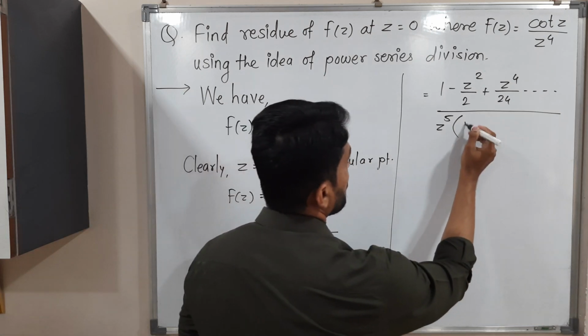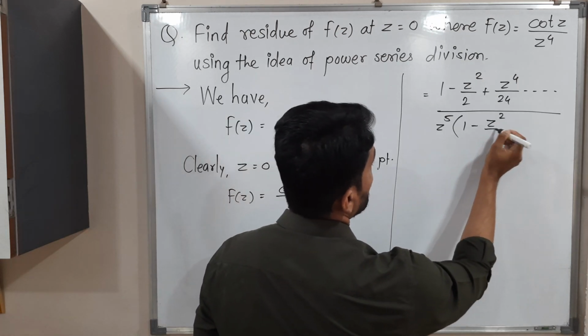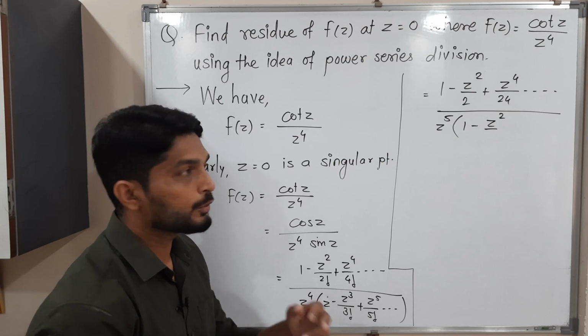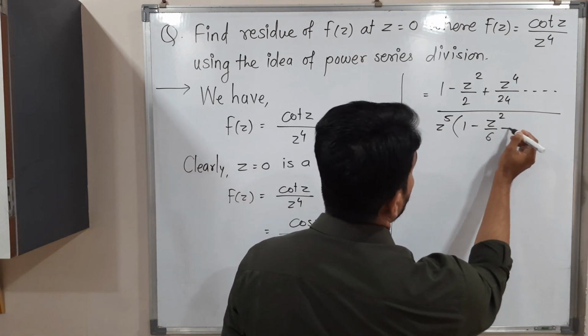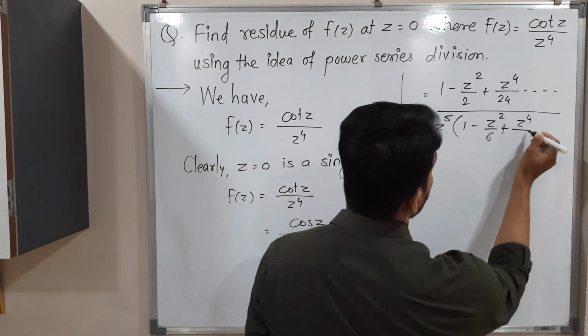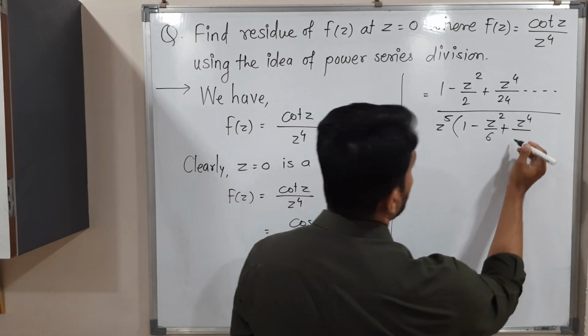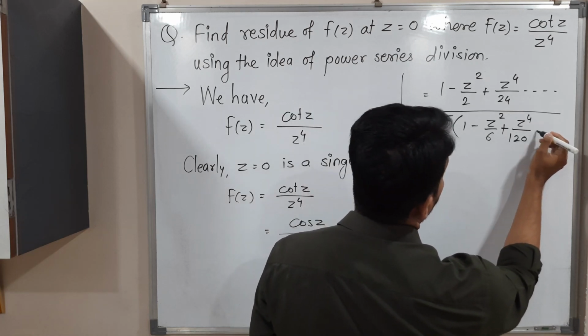Here, if you take z common, z square will be there over 3 factorial, meaning 3 into 2 into 1, it will be 6, plus z raised to 4, reduced by 1 power, over 5 factorial, 5 into 4 into 3 into 2 into 1, so it will be 120, and so on.